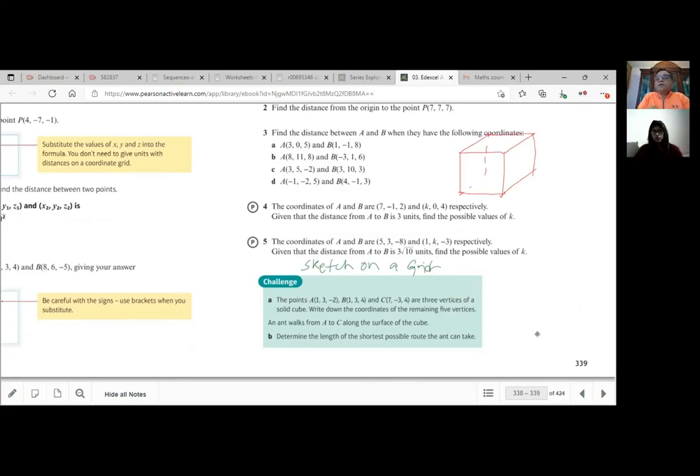I'm not saying this axis is along x, y, z, but more or less.